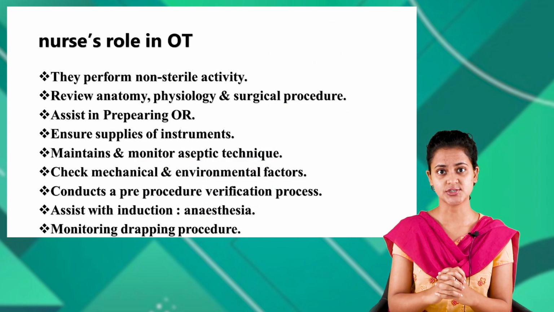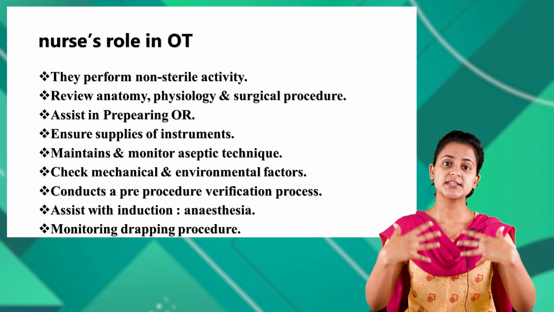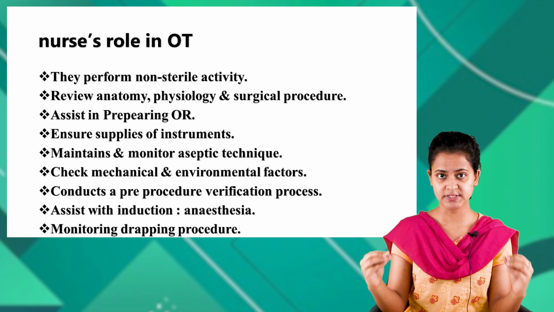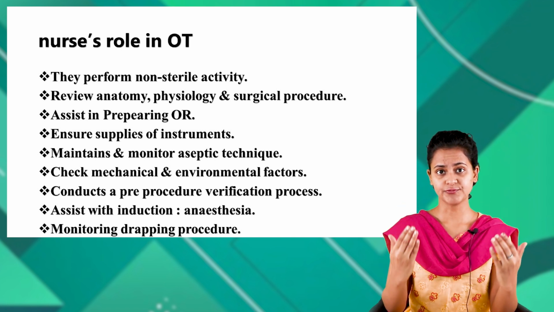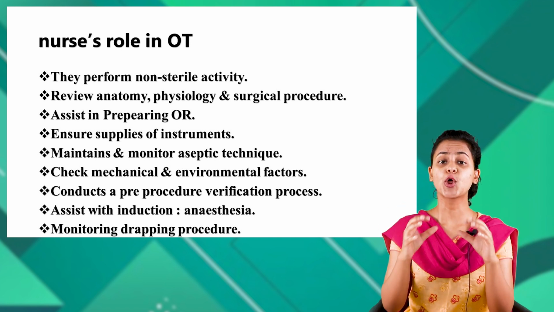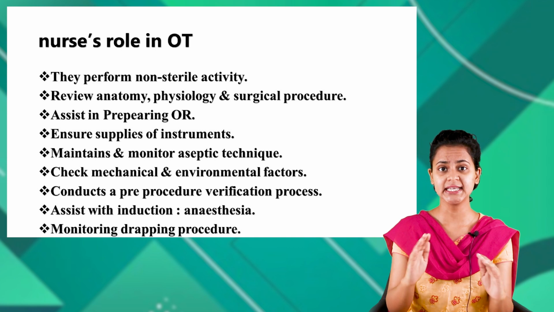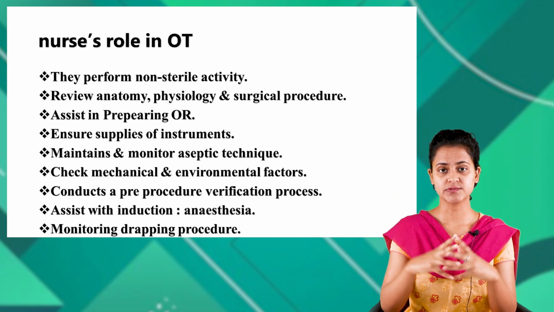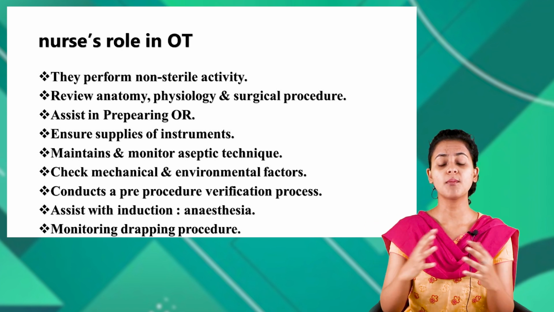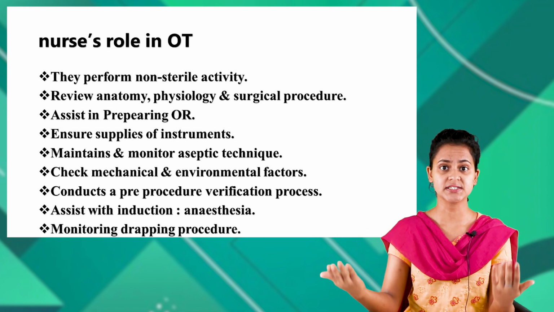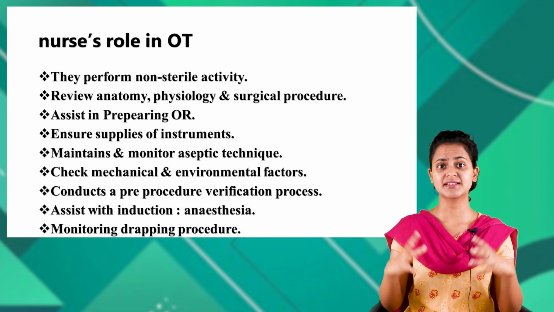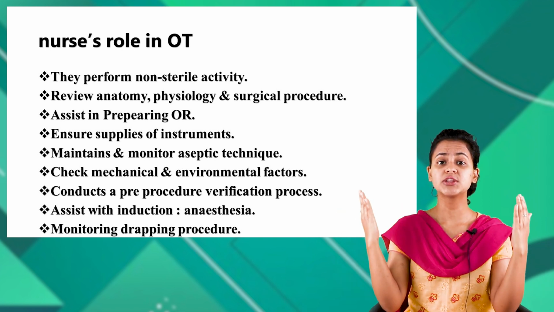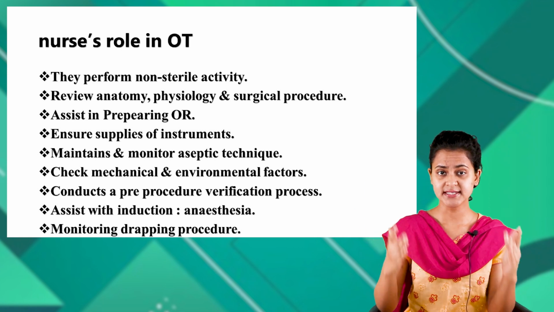First, we are going to see that the nurses will be performing some non-sterile activity here. You have to remember the scrub nurse will not be performing any non-sterile activity, whereas the circulatory nurse will be responsible to perform all the non-sterile activity. As we have mentioned, the circulatory nurse will not be in a sterile zone or directly assisting the surgeon to perform the surgery.